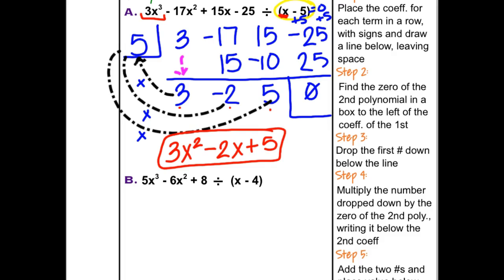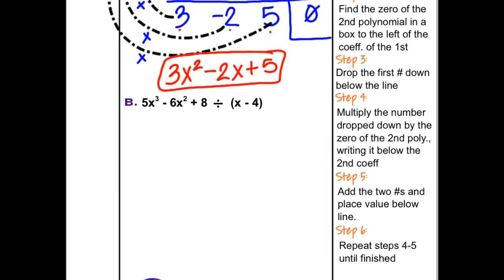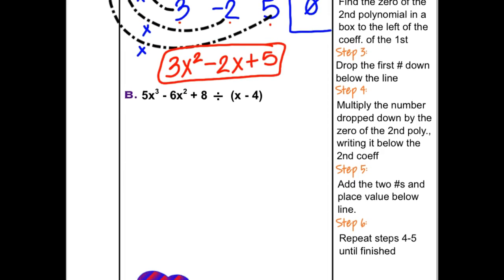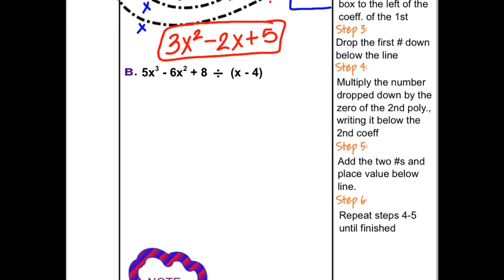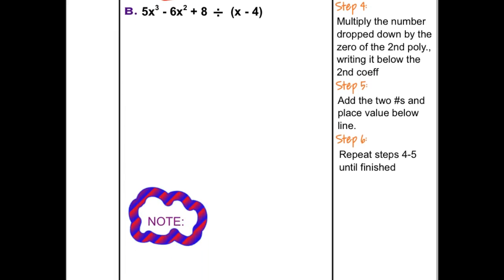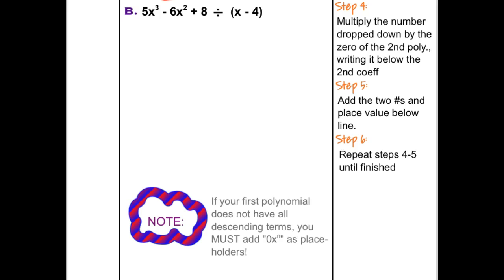So now that you've seen it in action, let's go ahead and try one more example. One of the things that you're going to notice here that I want to point out is why we have this note. If your first polynomial does not have all descending terms, you must add 0 times x to the n as a placeholder. What that means for this problem is we've got a 5x cubed, a negative 6x squared.